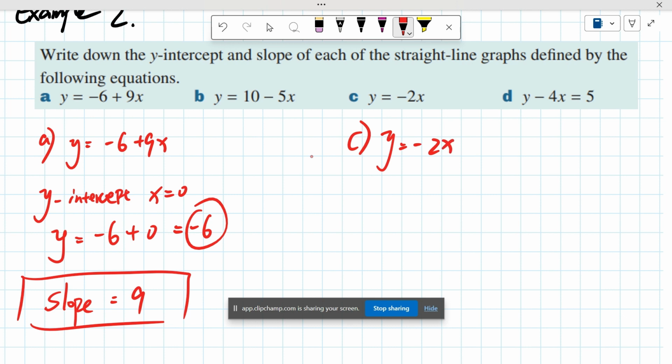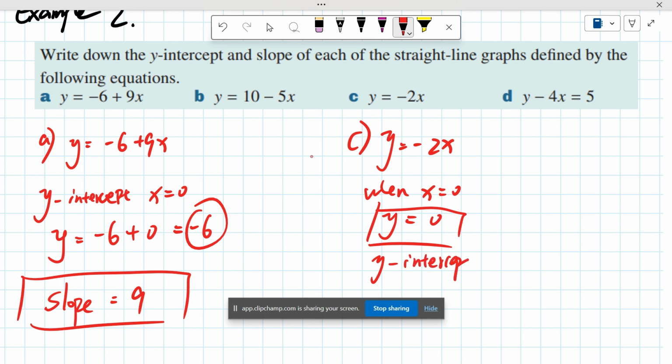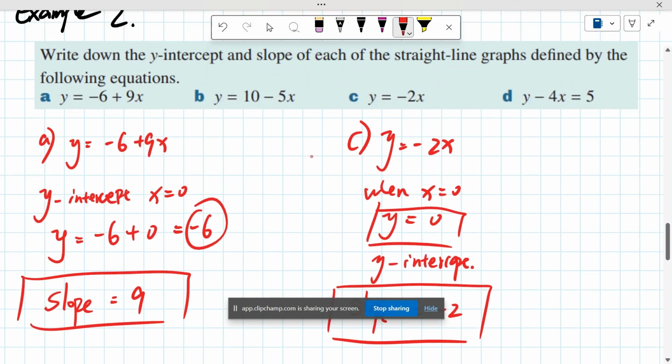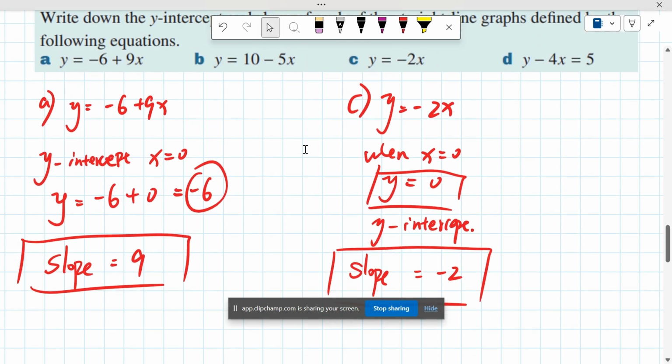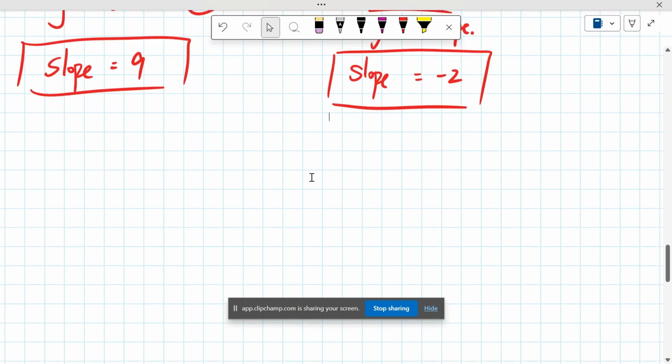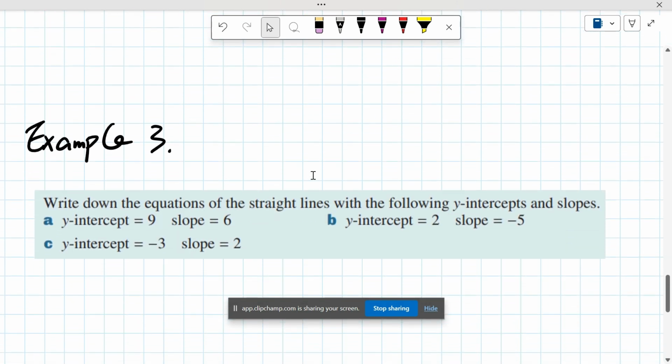That means when x equals 0, y equals 0, so that is your y-intercept, and your slope equals negative 2. Parts b and d we're going to do during the class, to make sure you understand what is going on with your slope and your y-intercept.